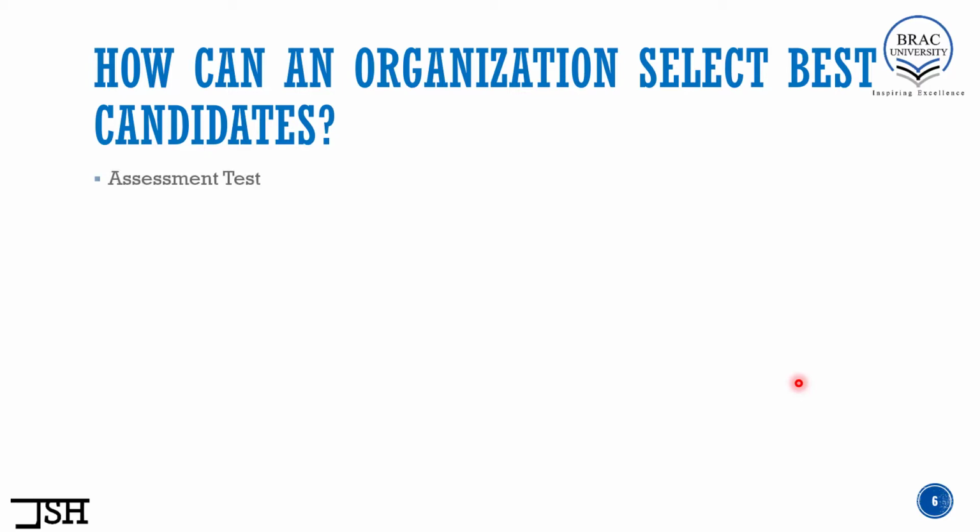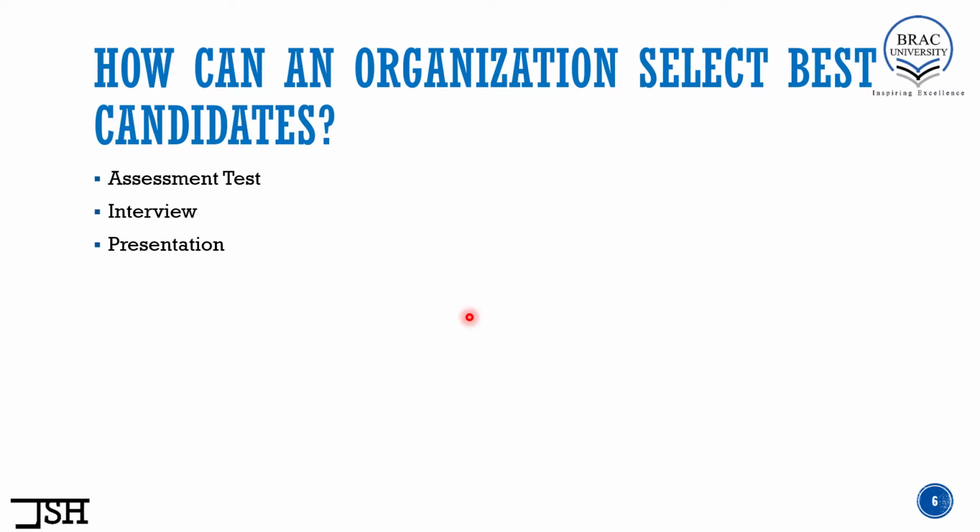Again, number one, assessment test. So when you apply for a job, many of you will have to sit for a test. Then we have interviews. That's the most common one. And finally, we have presentations. So in many selection methods, we will have to give presentations in front of the hiring board. So these are some of the selection methods. A detailed discussion will be done in the next chapter.